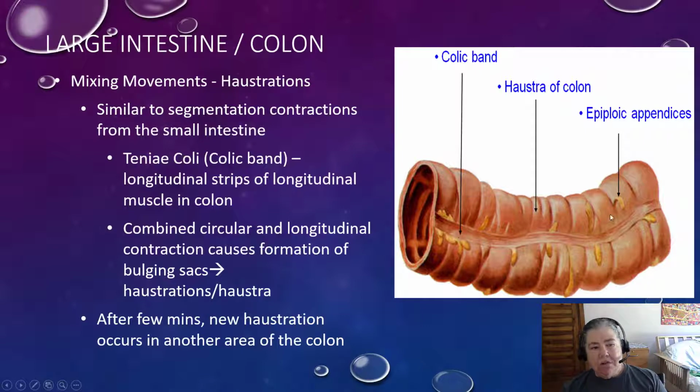There are long strips of longitudinal muscle that are called taeniae coli, or the colic band, and a combination of contraction of the circular muscles and the longitudinal muscles causes a bulging that is called haustra or haustrations. As occurs with mixing contractions in the small intestine, the areas that are involved move from one part of the colon to another part of the colon.